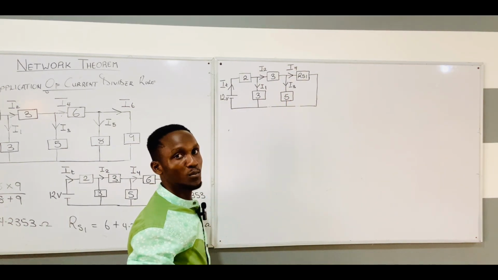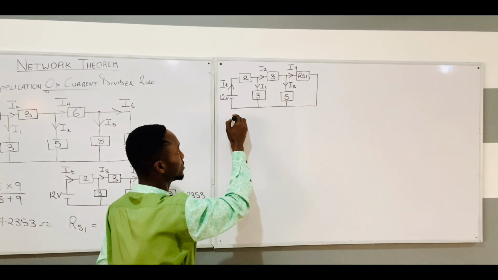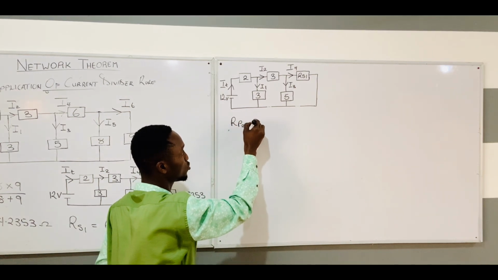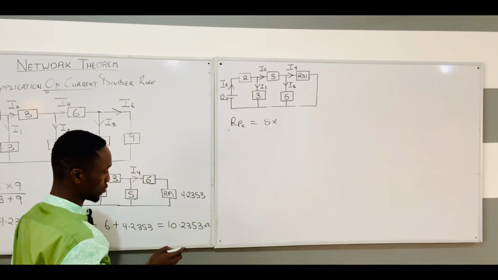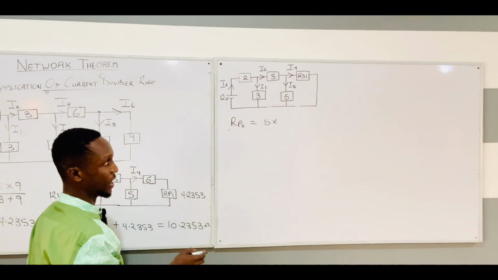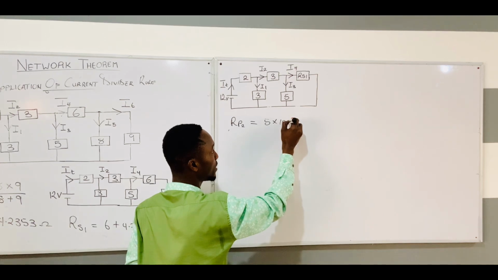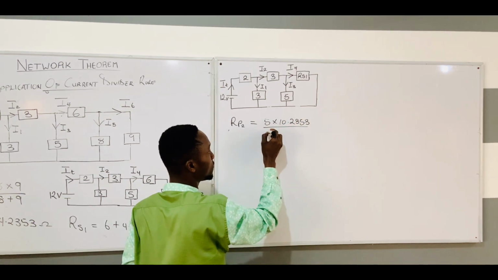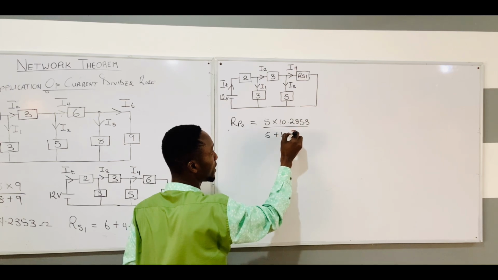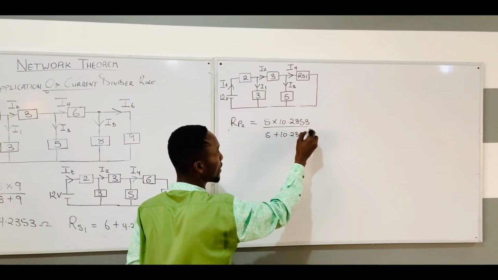So our RP2 equals 5 times our RS1, which is 10.2353, over 5 plus 10.2353.